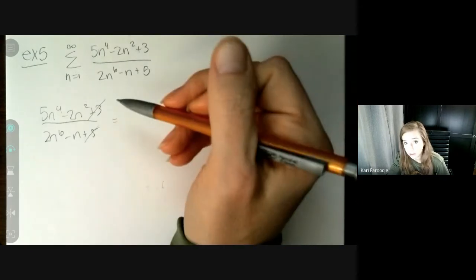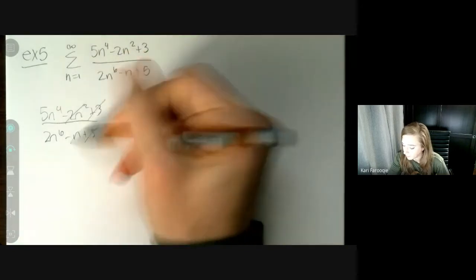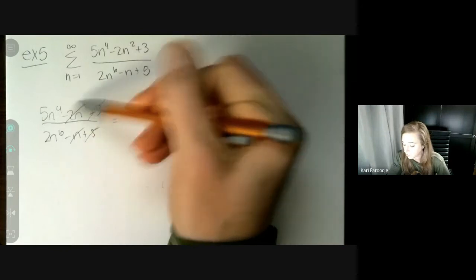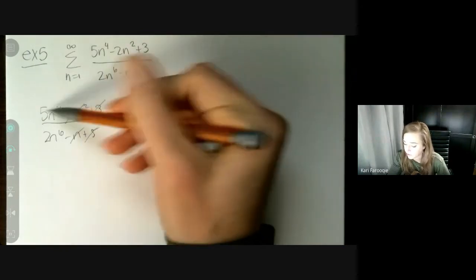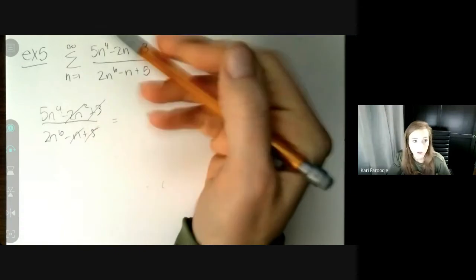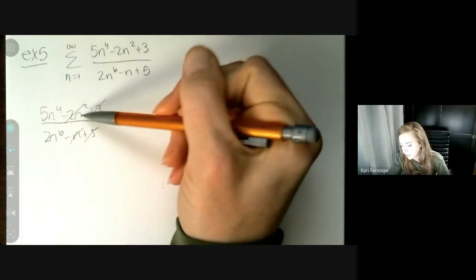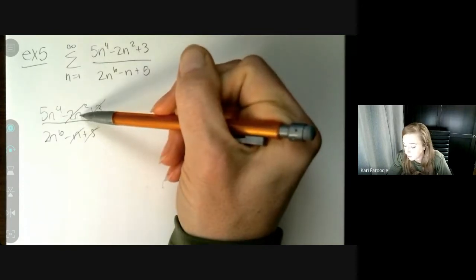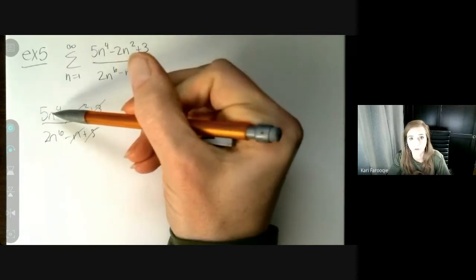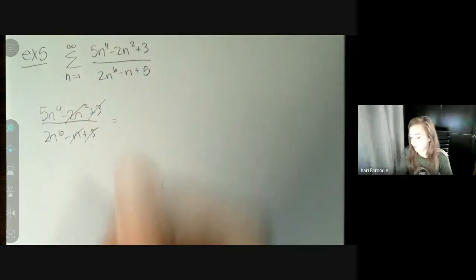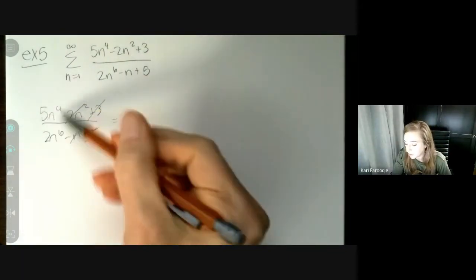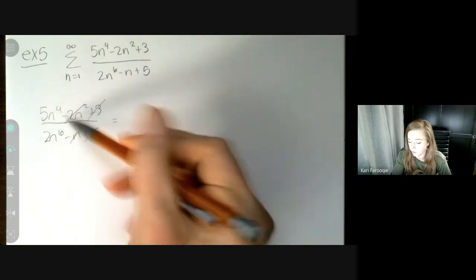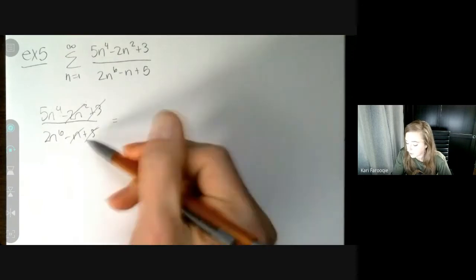Anything that's not a lead term, I don't want to worry about right now, because what's happening with n squared is going to affect the numerator much less than what's happening with n to the 4th. I know you're thinking, well, it is a minus, so it's pulling that numerator down. Yeah, but it's pulling it down much more slowly than 5n to the 4th is bringing it up. So this numerator is really being controlled by 5n to the 4th, not by the minus 2n squared.